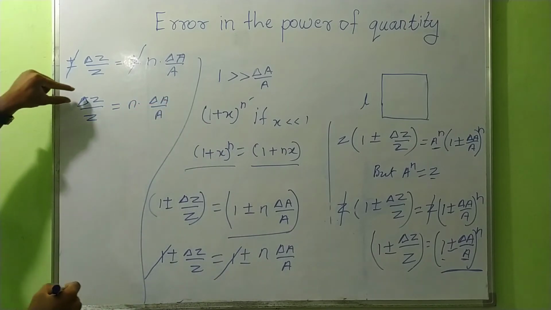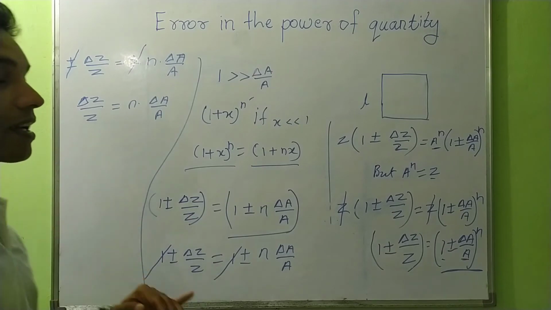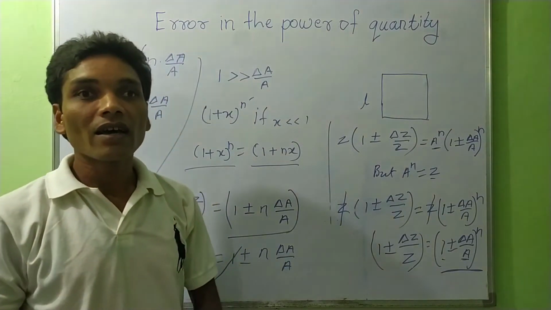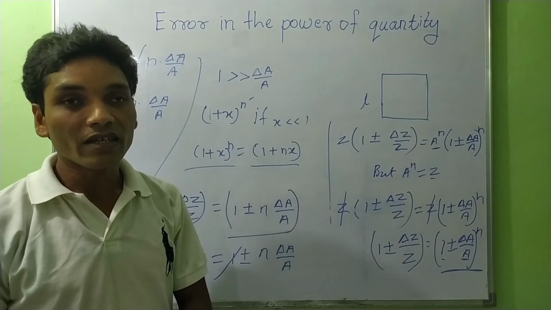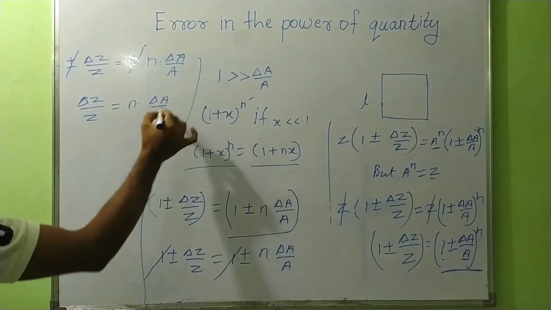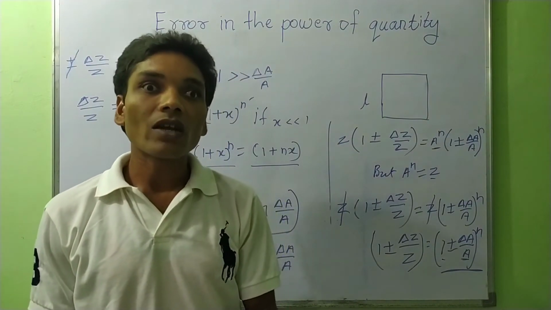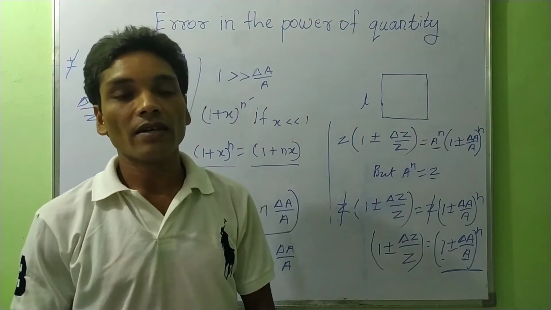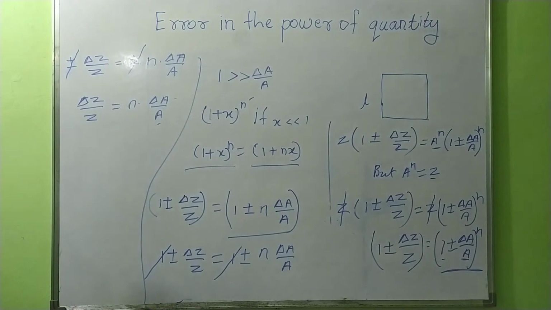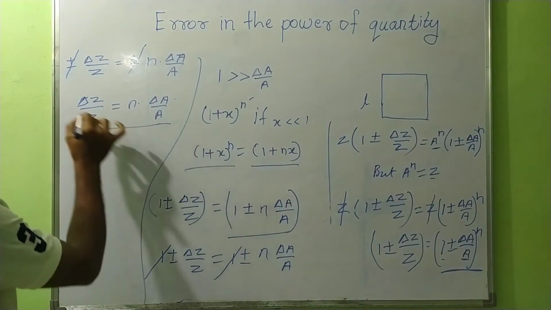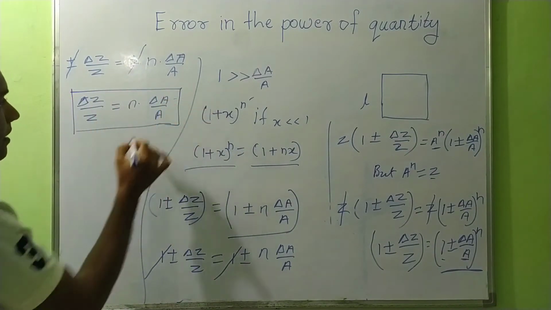And you know that del z upon z is the relative error in the total physical quantity, and del a upon a is the relative error in the physical quantity which is measured. So this is the formula of relative error.